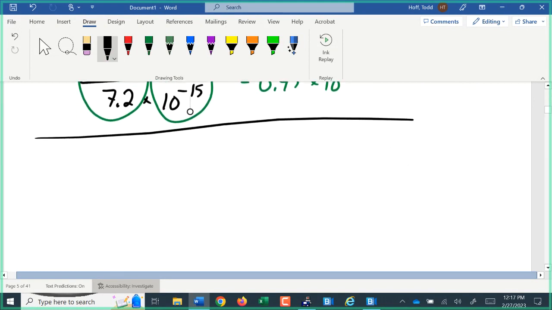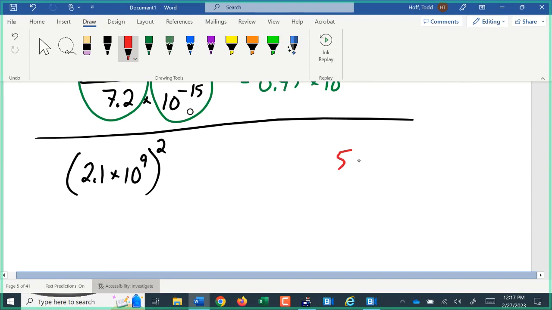Something we don't do a lot of in this course, but it's good to know, is powers. Like 2.1 times 10 to the 9th, to the power of, well, let's just square it for now, power of 2. Just like we did with our variables, if we had 5x to the 7th to the power of 3, we did 5 to the power of 3 is 125, and then we did the exponent.